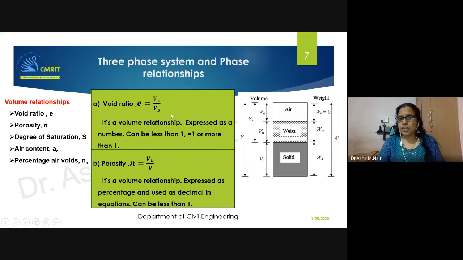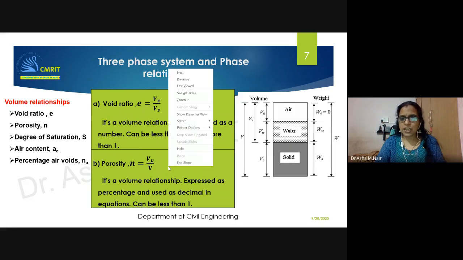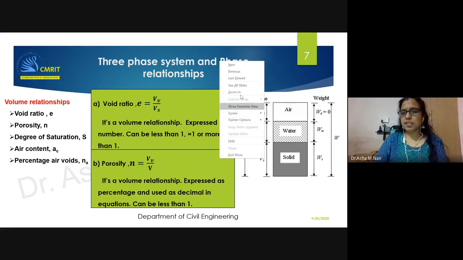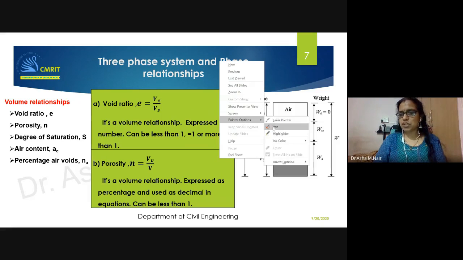So void ratio e is nothing but Vv divided by Vs, and porosity is given by Vv by V. These expressions might be useful whenever you solve any of the numericals. Also, some of the expressions I have not listed out here. As I told you, please note there is also one more expression. What is that?